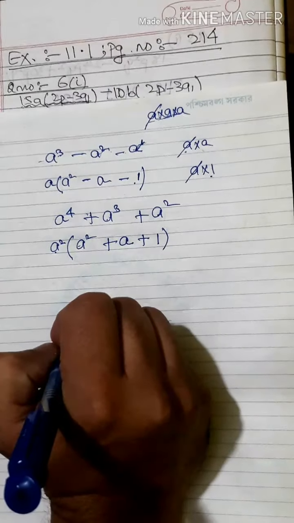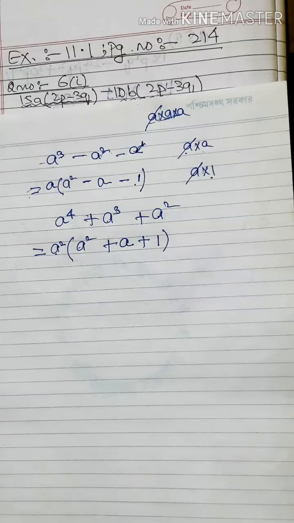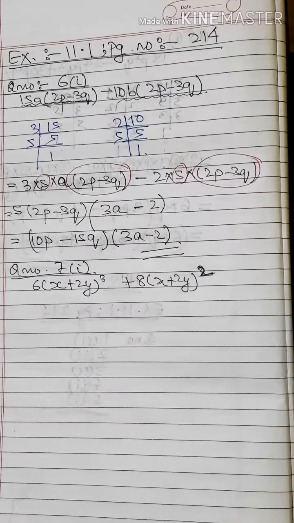So the basic idea here is that whenever powers are involved, we check the powers and we go for the least power. Whichever is the least power, we take that factor as common. I think this concept is clear to you now. Based on this concept, let us move on to question number 7 Roman 1.